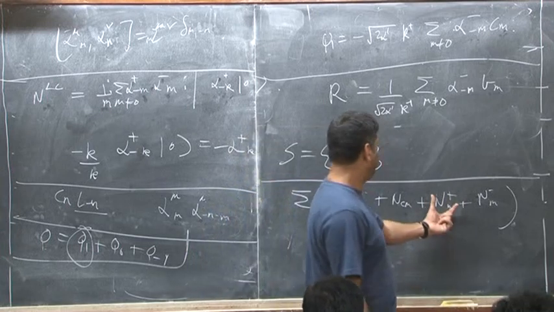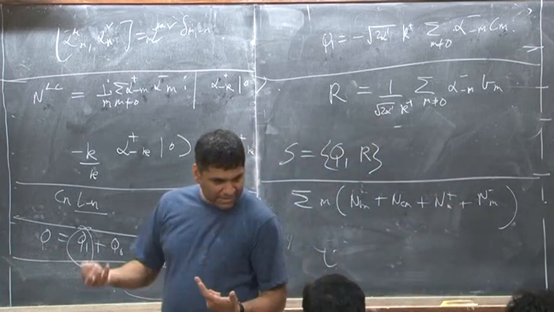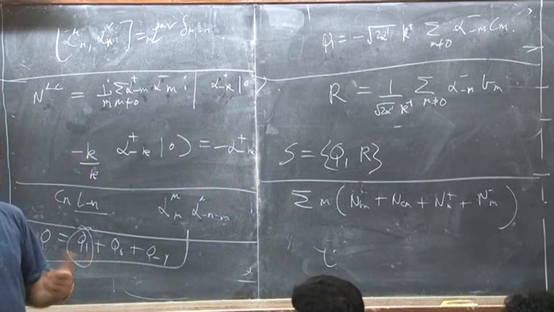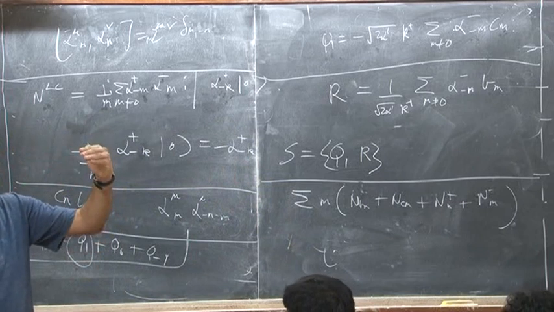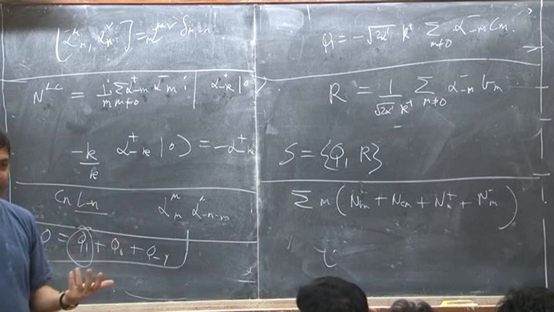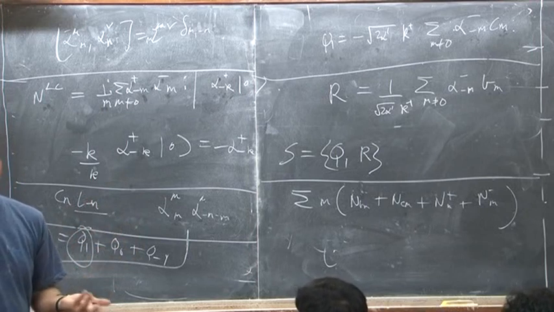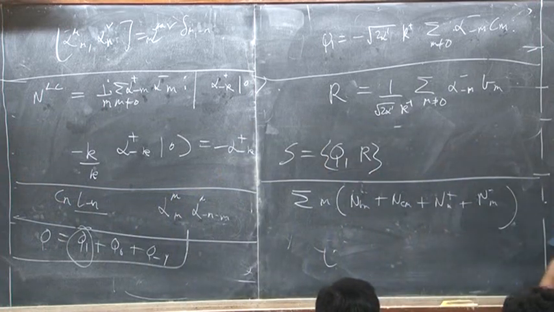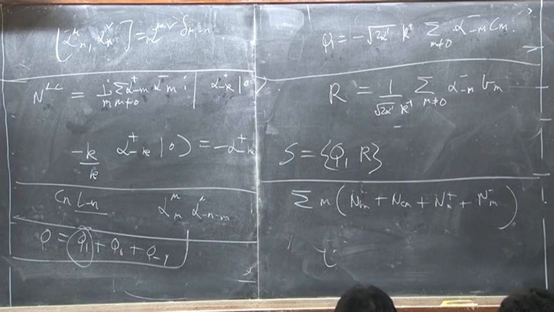And N plus M is the operator that tells you how many oscillators at level m of the light cone plus oscillator are excited. Light cone plus oscillator being bosonic, the number ranges between 0 and infinity. Similarly, N minus M is the operator that counts how many oscillators of the minus oscillator are excited. Alpha minus being bosonic, the number ranges between 0 and infinity.